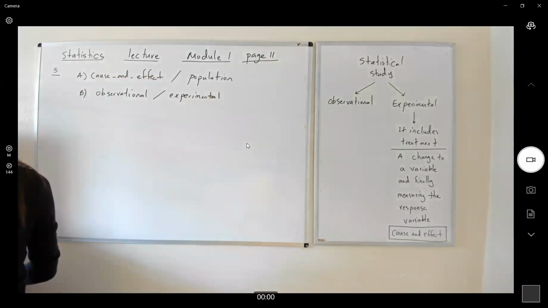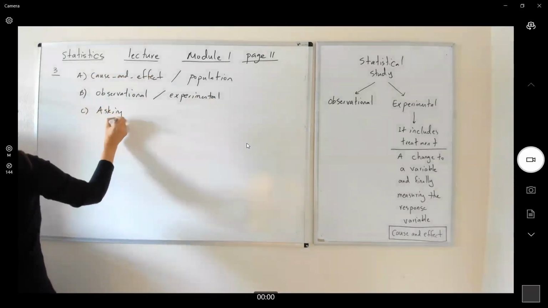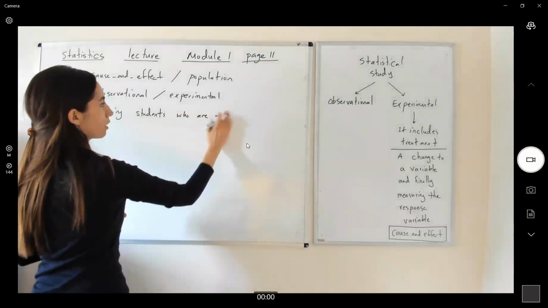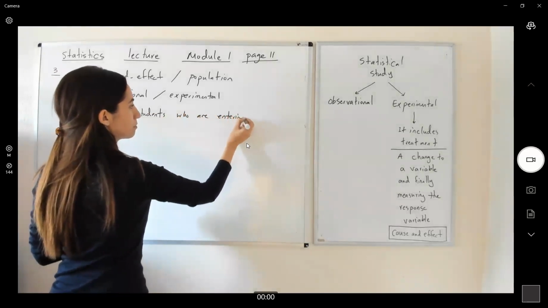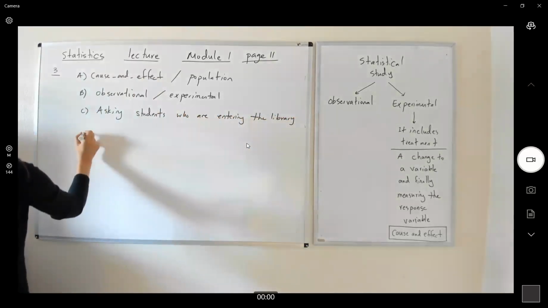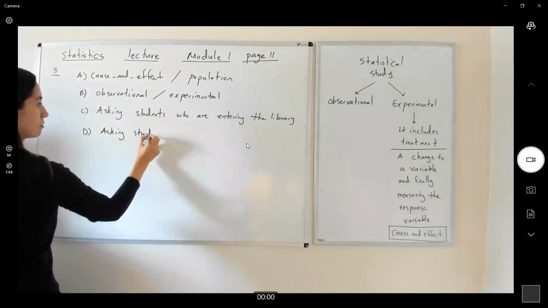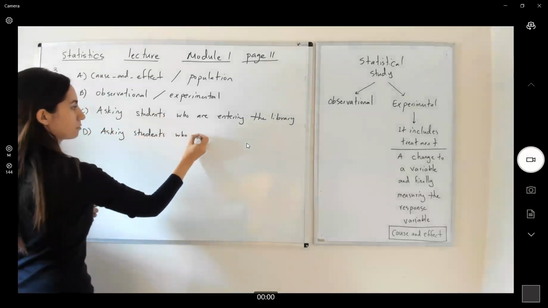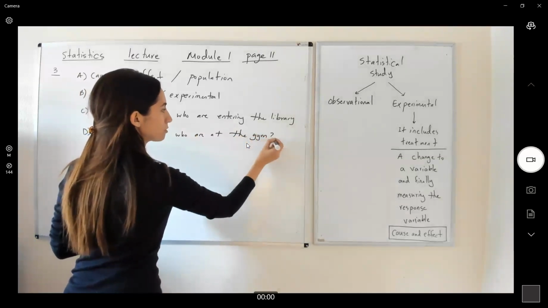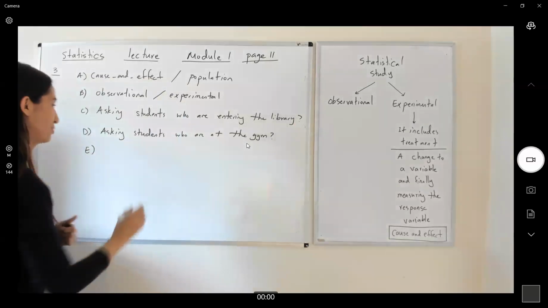C, asking students who are entering the library, is this a good idea or not? D, asking students who are at the gym, is this a good idea or not? And E, what are other methods to collect the data?